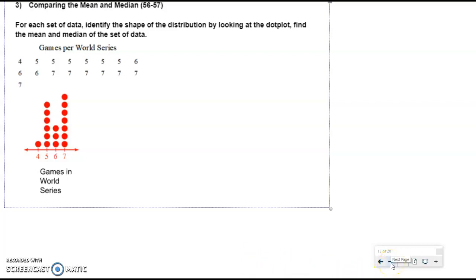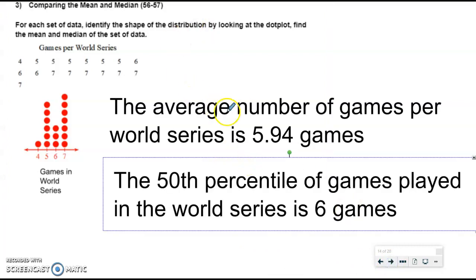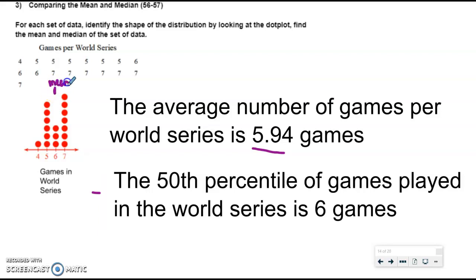When I look at number 3, I get the mean to be about 5.94. So the average number of games per World Series was 5.94 games. That was the average, or the mean. Now when I looked at the median, I got about 6 games. So in this case, my mean and my median are about the same location.